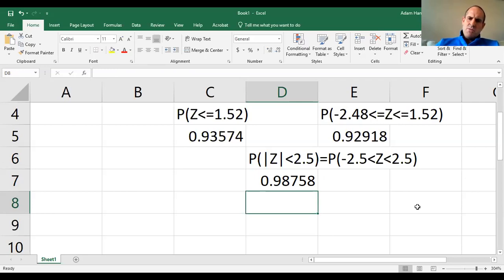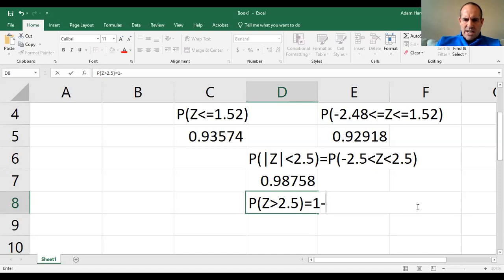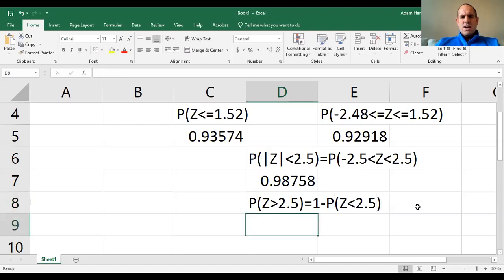And by the way, the normal distribution has some very nice symmetry that you can oftentimes take advantage of. One thing you could have done is compute the probability that z is greater than 2.5, which is 1 minus the probability that z is less than 2.5. I'm not really worried about equals.